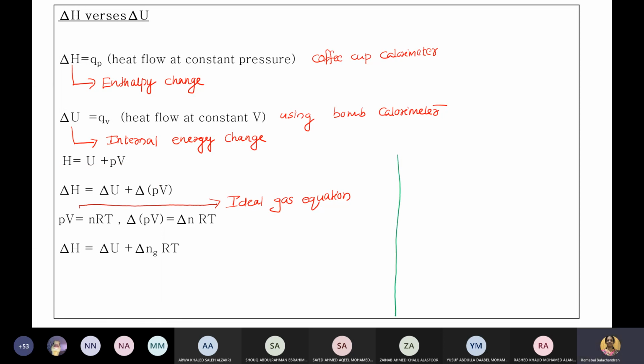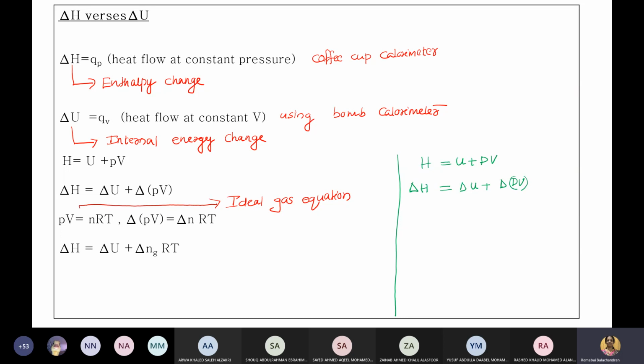Okay, H is equal to U plus PV. Now I am going to find the change. Delta H, the change in enthalpy, is equal to delta U plus the change in both of them, pressure and volume.